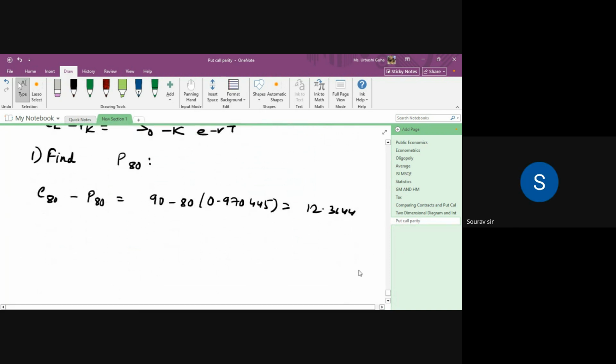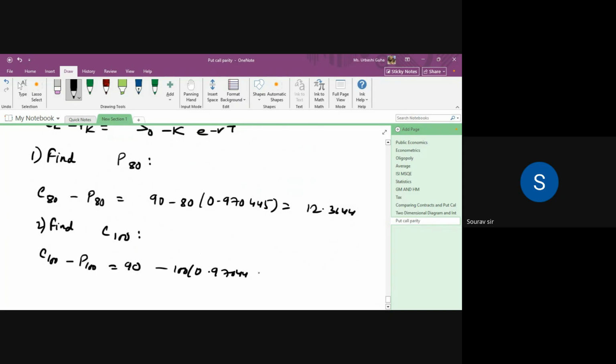Okay. Now, what will you do? Find C100. Because C100 minus P100 is equal to 90 minus 100 times 0.97045, that is equal to minus 7.0445.